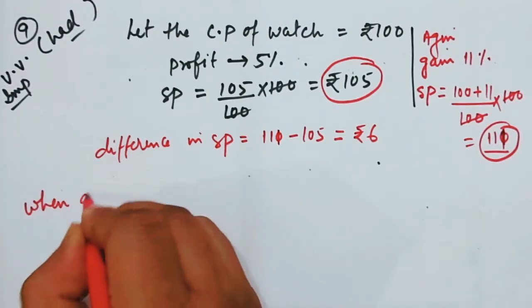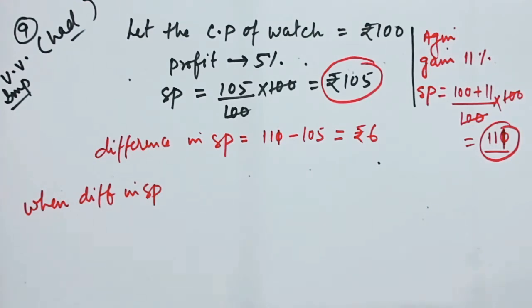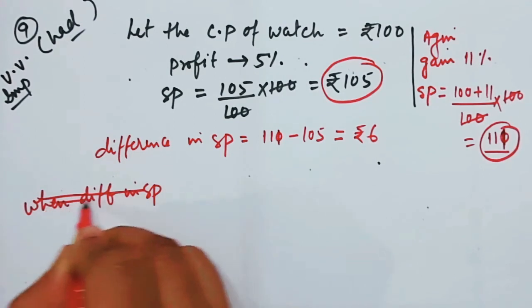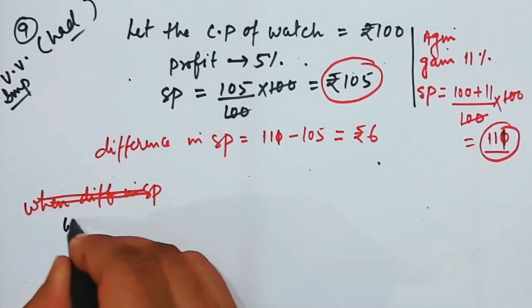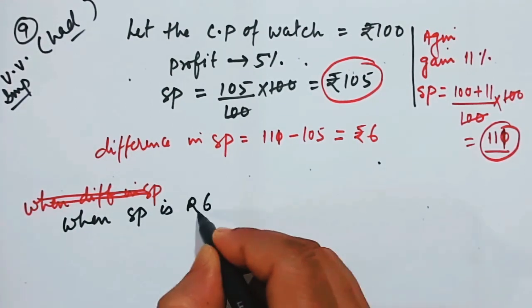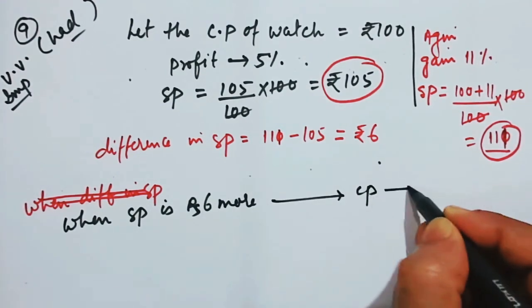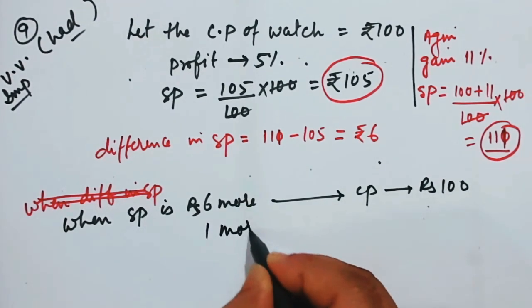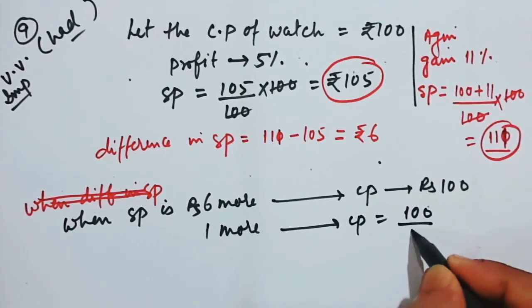Instead of writing this, why not write in another way? When selling price is rupees 6 more, the cost price was rupees 100. So when the selling price is 1 more, the cost price will be 100 by 6.